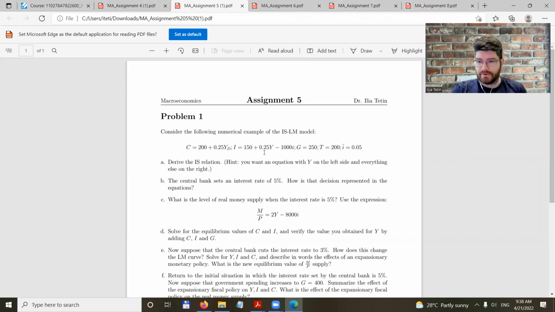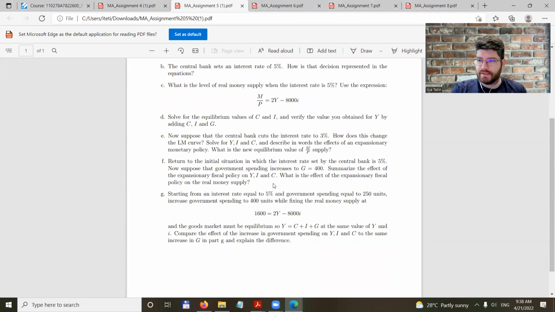All right, so number C. What is the level of real money supply when the interest rate is 5%? Okay, we have to substitute both equilibrium income of 1000 and the interest rate of 5% into the right-hand side of the real money demand expression.